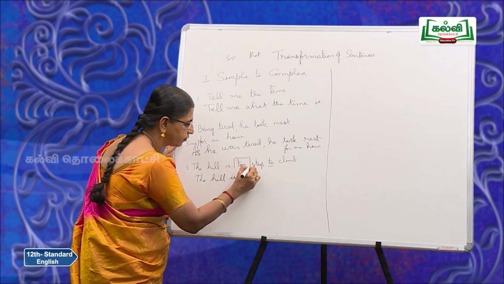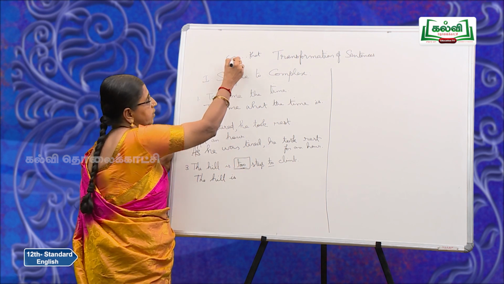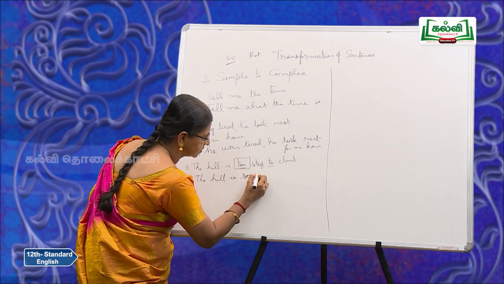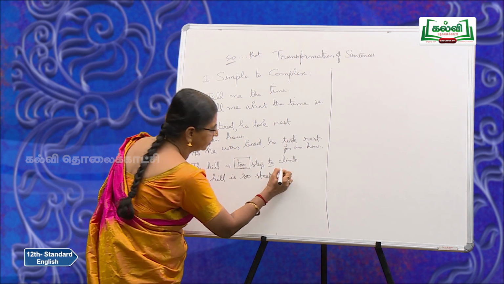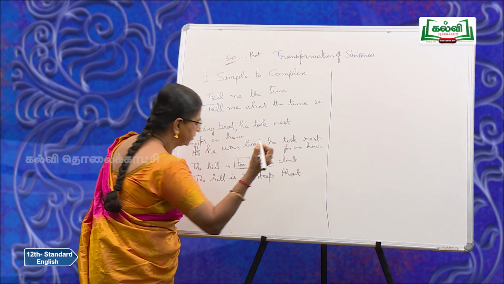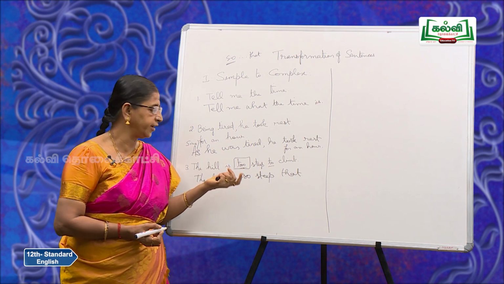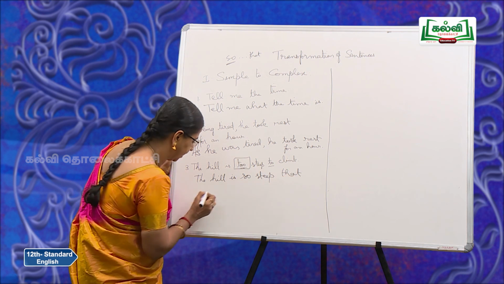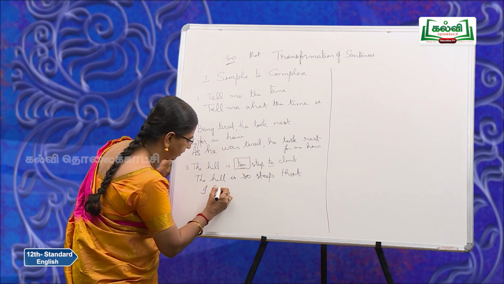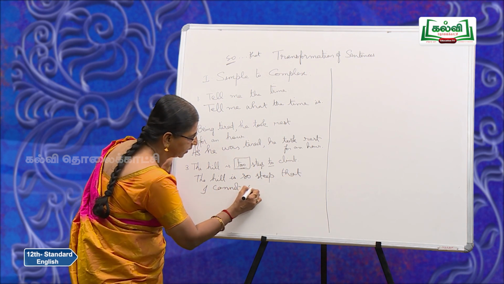Now instead of the word to, bring in the word so. The hill is, then the adjective, so steep. Then introduce that here, that. Now the subject, you are free to use either the plural or the singular subject. The hill is so steep that I cannot climb it.